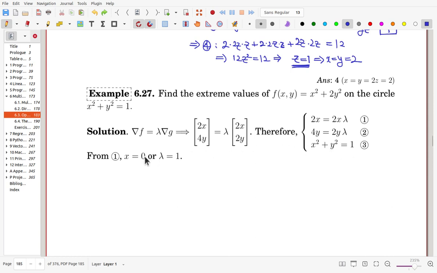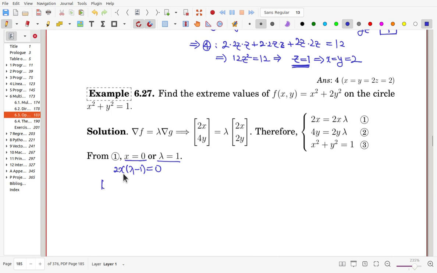Now from equation 1, if we move this one to the other side, it becomes 2x times lambda minus 1 equals 0. So we have either x equals 0 or lambda is 1.